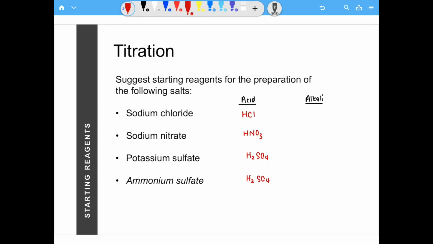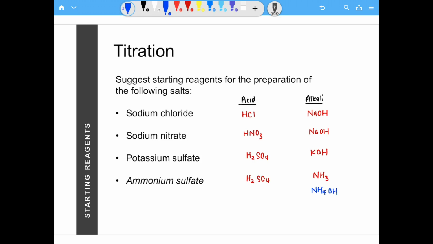Now the alkali to prepare sodium chloride would therefore be sodium hydroxide. The alkali to prepare sodium nitrate, also sodium hydroxide. For potassium sulfate, potassium hydroxide, and for ammonium sulfate it is actually your aqueous ammonia. Many students would arrive at the answer ammonium hydroxide for this.